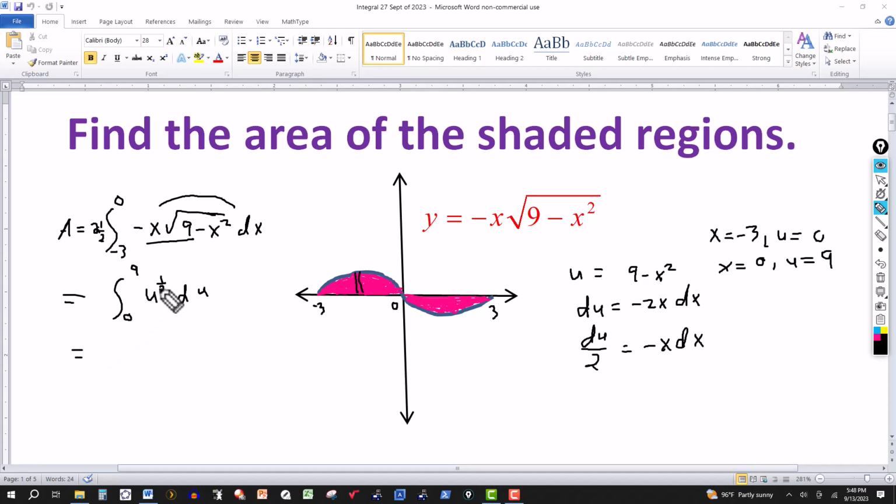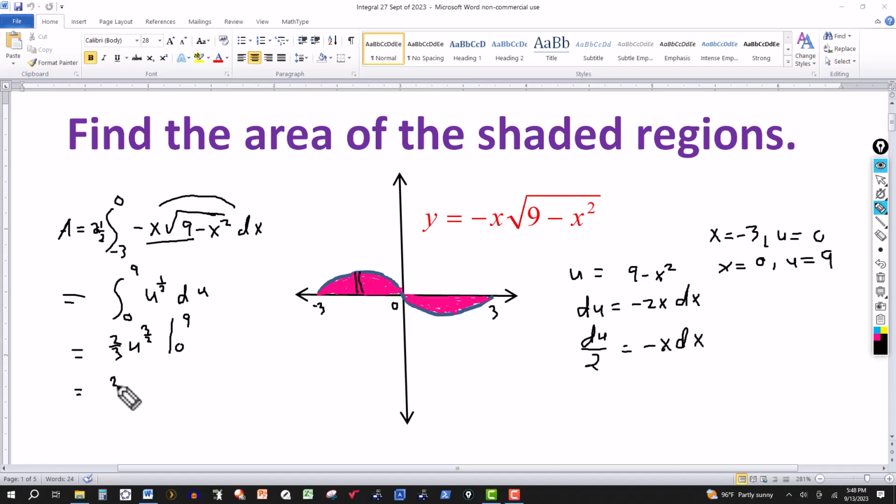So add 1 to the 1/2, that gives me u to the 3/2. Then divide the coefficient 1 by 3/2, which gives me 2/3. The limits of integration again are from 0 to 9. So now we just substitute.